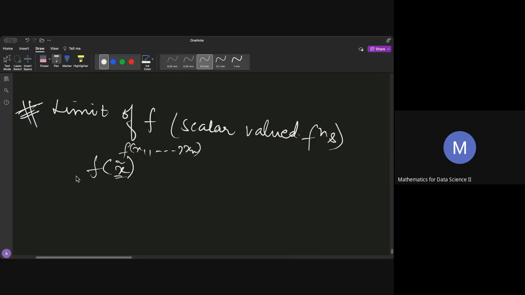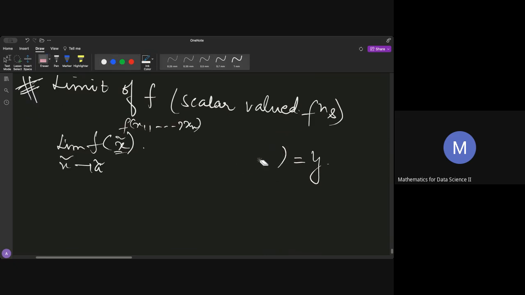If you have to find the limit of this thing, as x tilde tends to a tilde, then what's the limit? This is a scalar valued function. That means f(x tilde), where x tilde is a vector, but the value that you will get will be a scalar, right? Let's call it y.